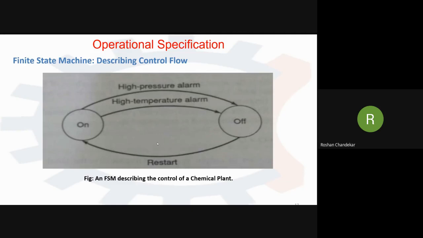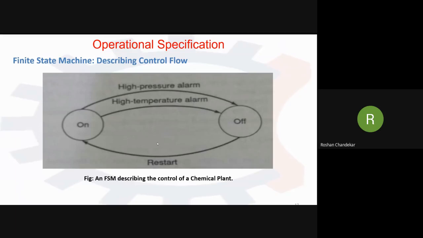After resetting our machine, we restart it again. So this is how the finite state machine diagram controls our chemical plant, where there is monitoring of pressure and temperature.